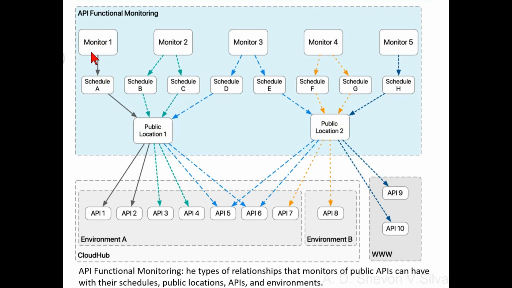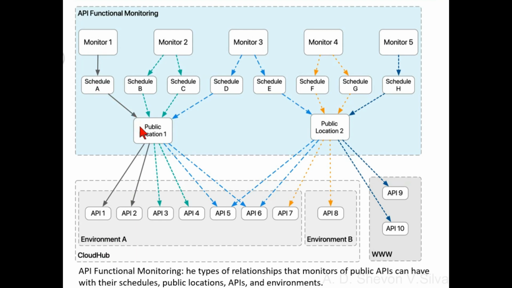Monitor 1's relationships are indicated with solid black arrows. Single schedule, single location, single environment. Monitor 1 runs on a single schedule, schedule A, which is associated with public location 1.